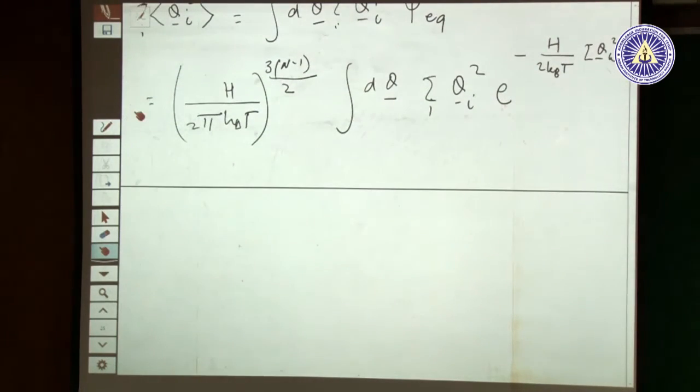So, now what we are going to do, this is an exponential of a sum. So, you can separate them. So, let us write this here.